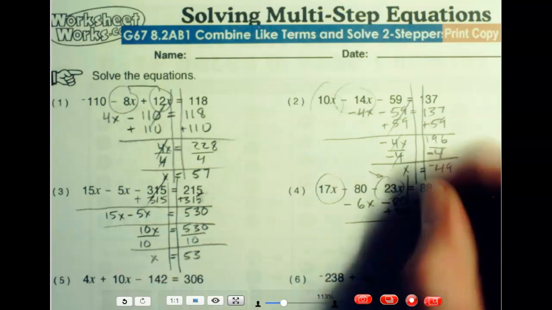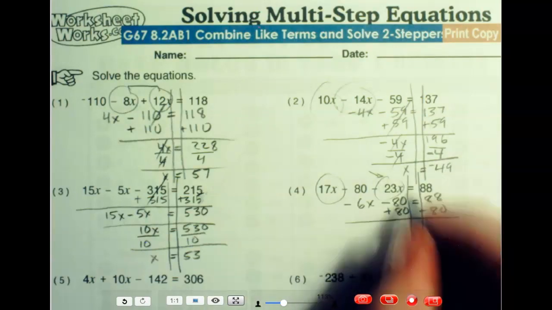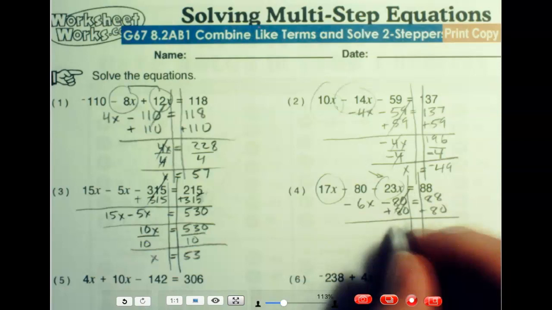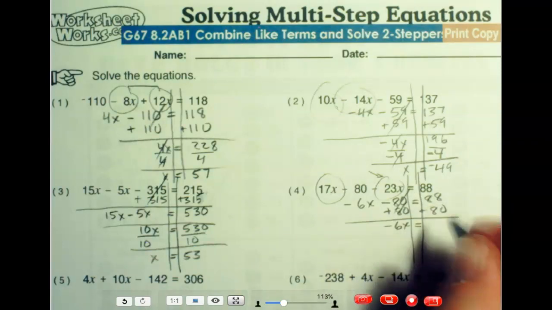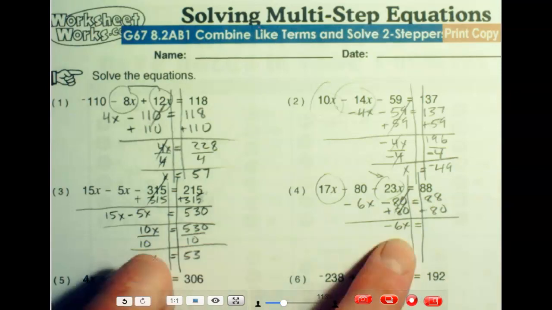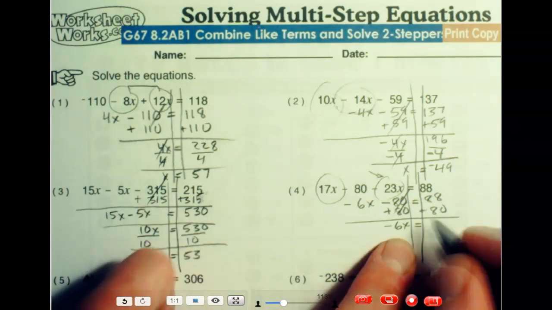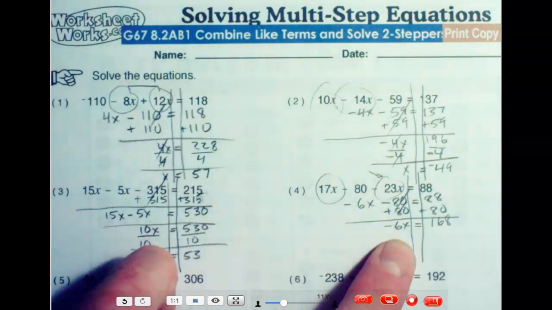My railroad tracks are working here. This is going to cross off. You're going to have a minus 6x equals, looks like 168. So 168, I'll have to divide that by 6.